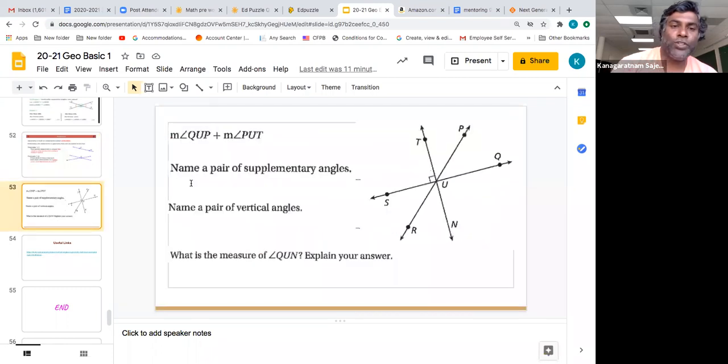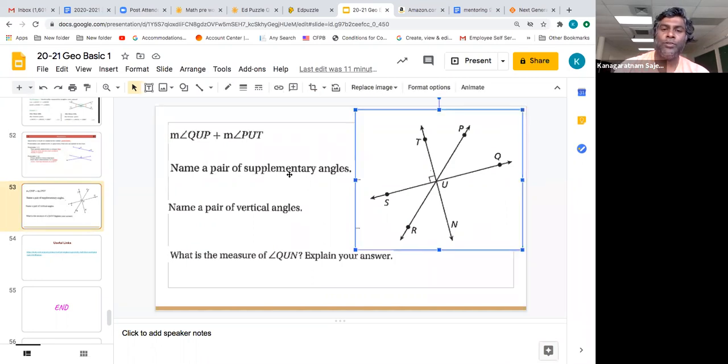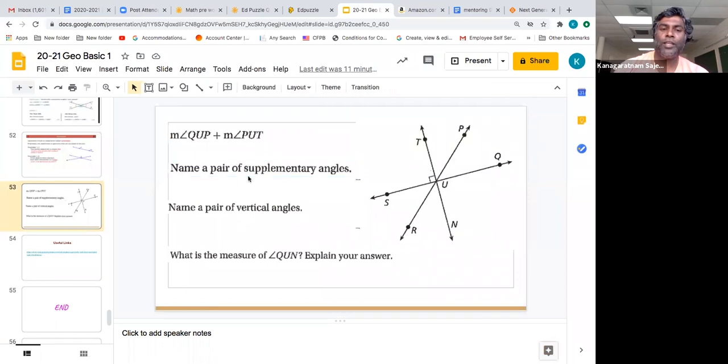So here are some questions, just for practice. From this figure, name a pair of supplementary angles. What is a supplementary angle? If you add those two angles, it's going to be equal to 180 degrees.